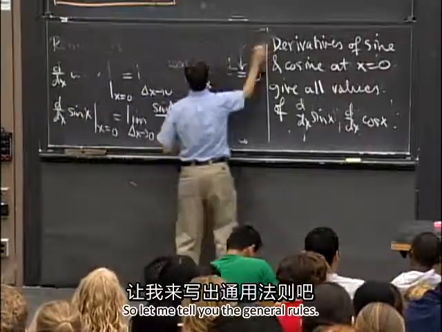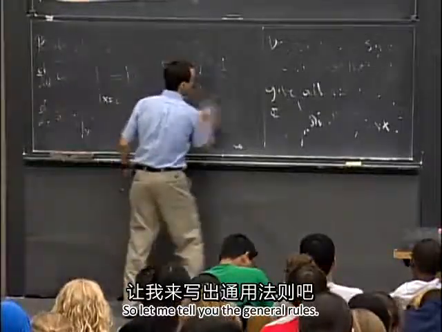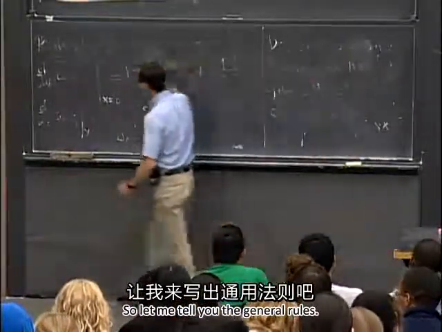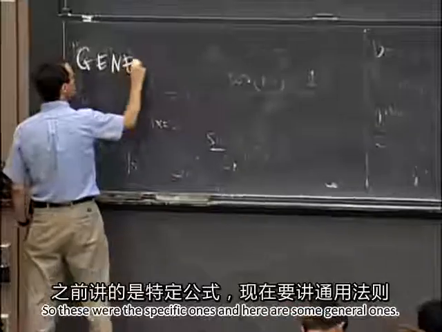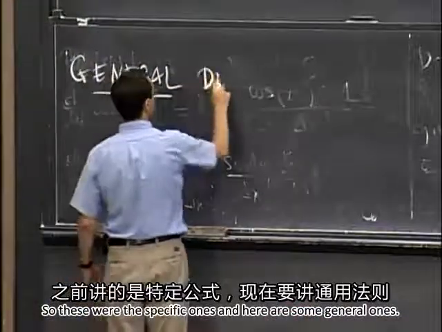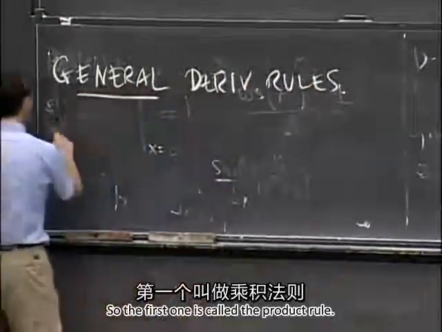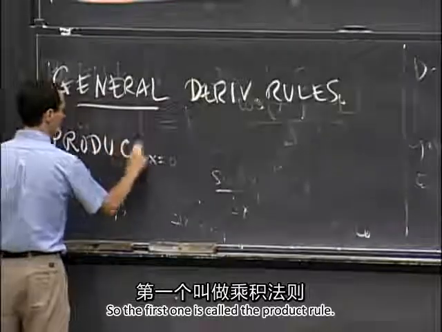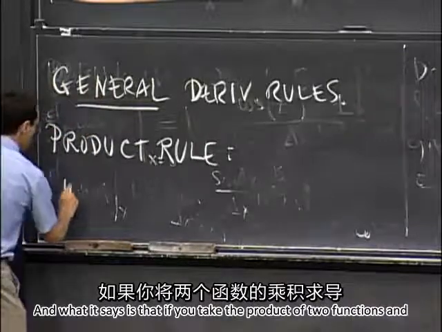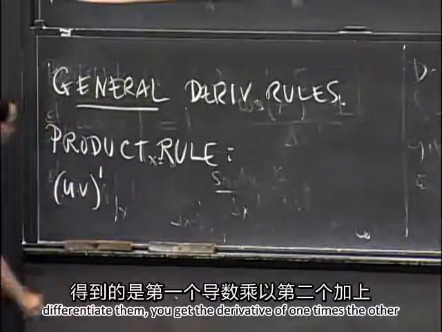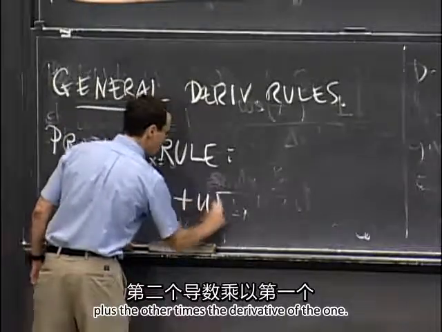So let me tell you the general rules. So these were the specific ones, and here are some general ones. The first one is called the product rule. And what it says is that if you take the product of two functions and differentiate them, you get the derivative of one times the other plus the other times the derivative of the one.